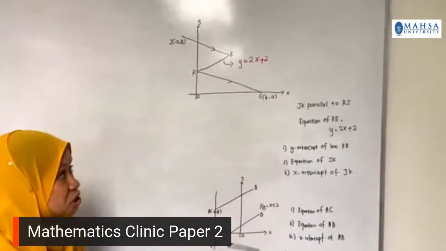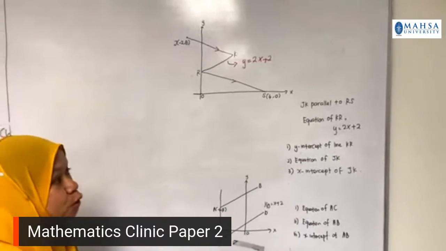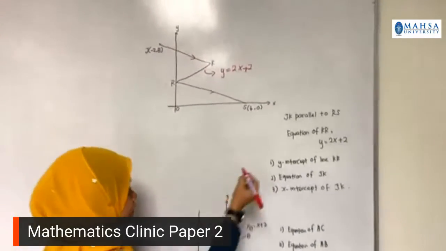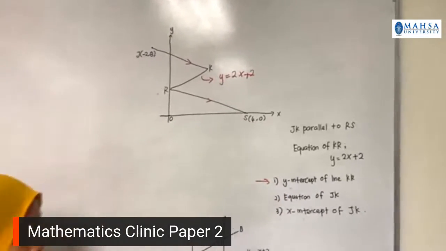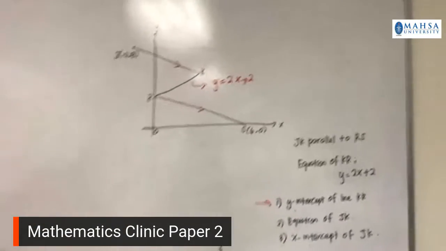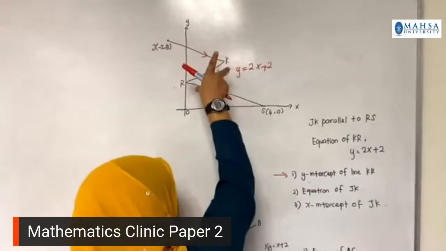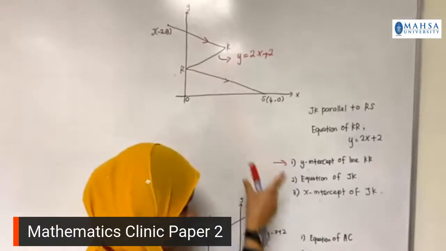Look at the first question: you need to find the y-intercept of the KR line.